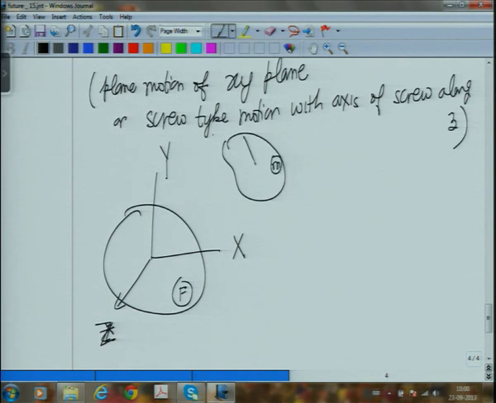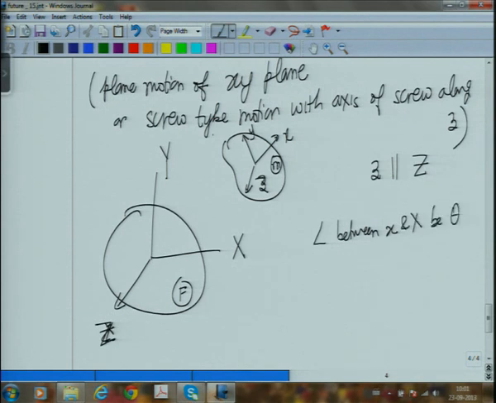The moving frame has small x and y, but small z is parallel to capital Z. That is when dk by dt will be 0. So now what we do is, let the angle between small x and capital X be theta.